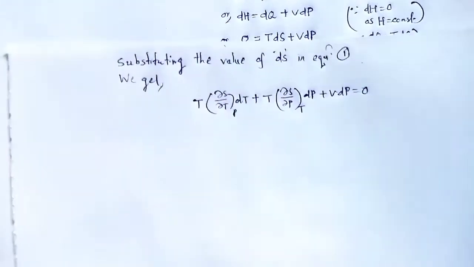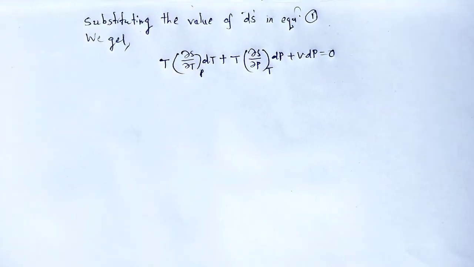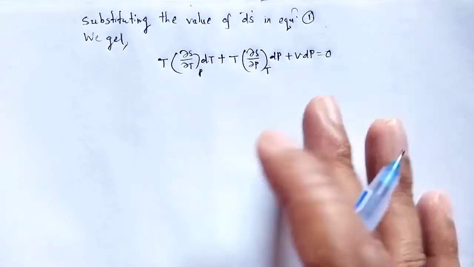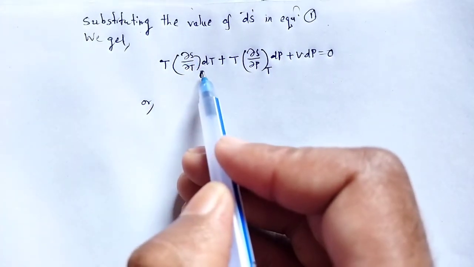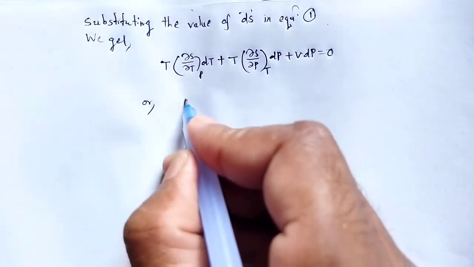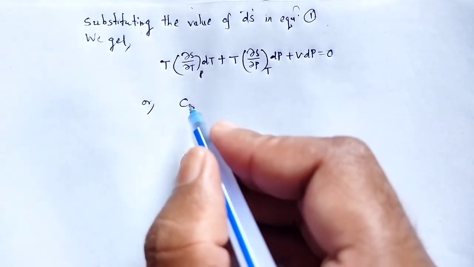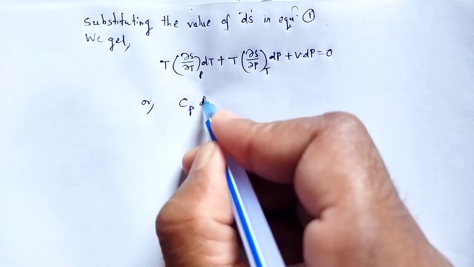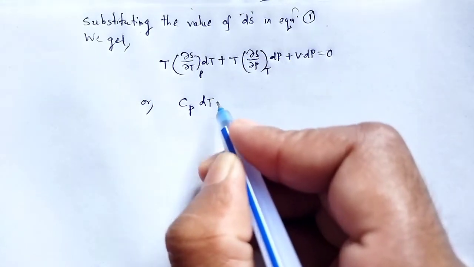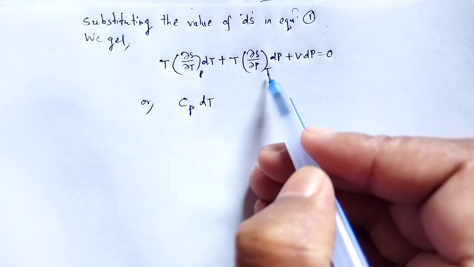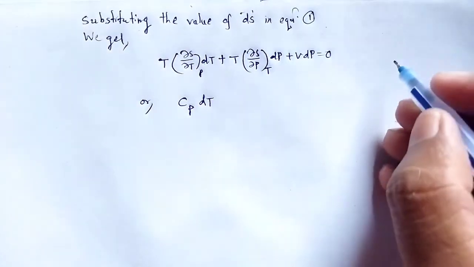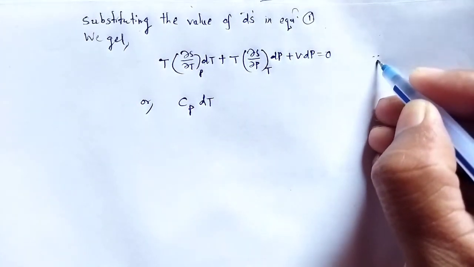Now, T del S by del T at constant pressure, that term is equal to Cp, the specific heat at constant pressure, dT. Now del S by del P at constant temperature. So what substitution do I write here?